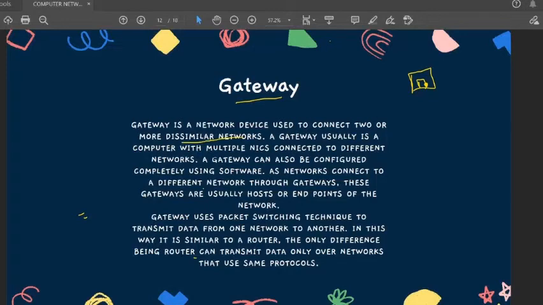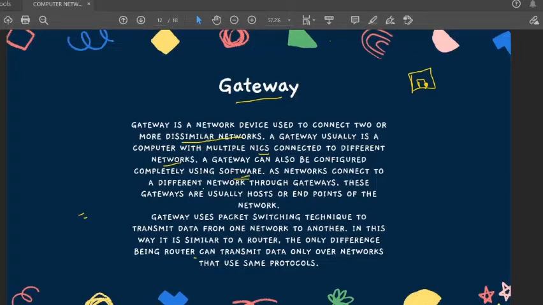A gateway usually is a computer with multiple NICs, that is network interface cards, also known as Ethernet ports, connected to different networks. Different networks means it can get connected with WAN, LAN, MAN, any type of network. A gateway can also be configured completely using software. Now it is actually software.